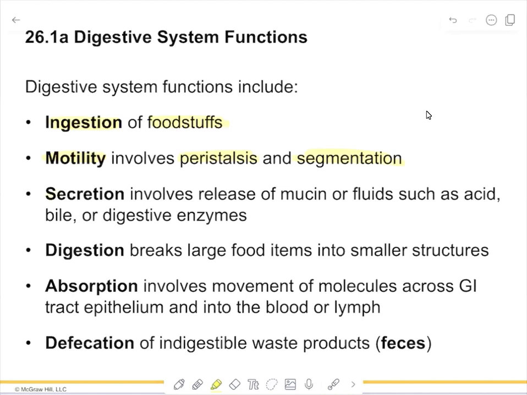The next function is secretion, which involves release of the mucin or fluids such as acid in the stomach, bile, which is stored in the gallbladder, and digestive enzymes into the small intestine. Digestion includes breaking large food items into smaller structures, and that is actually called catabolism.